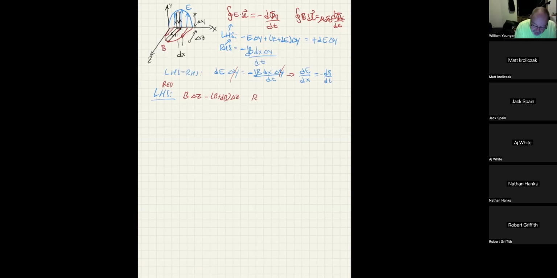The right-hand side is supposed to be mu 0 epsilon 0 d by dt of the flux. So the flux through that is going to be E times delta x, or dx, times delta z.